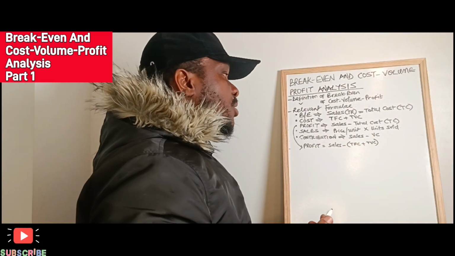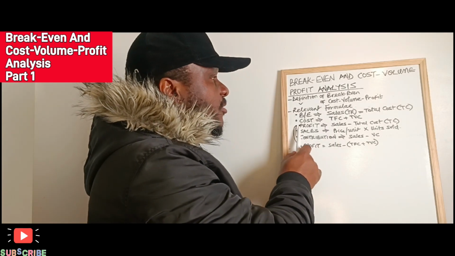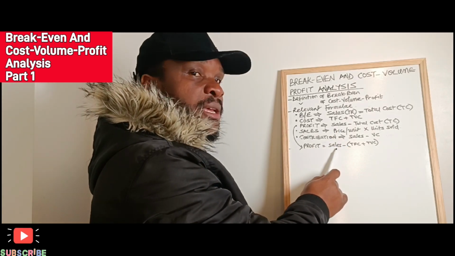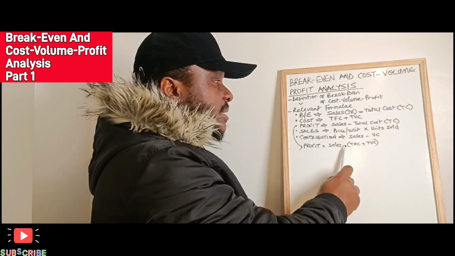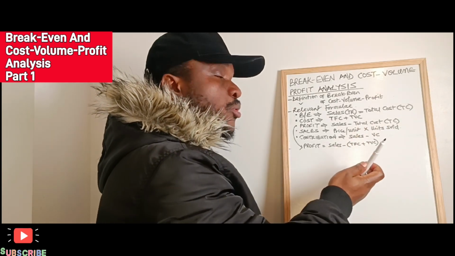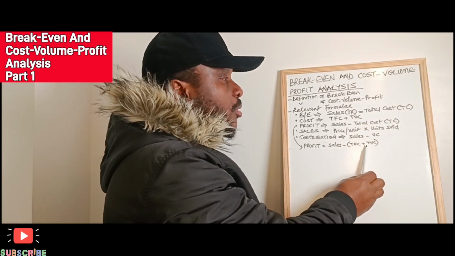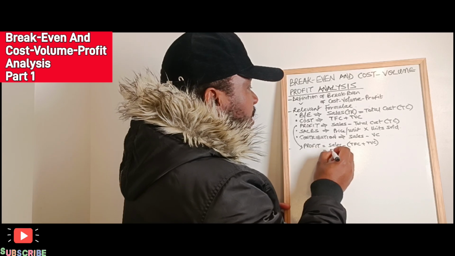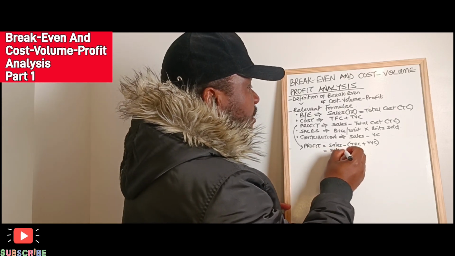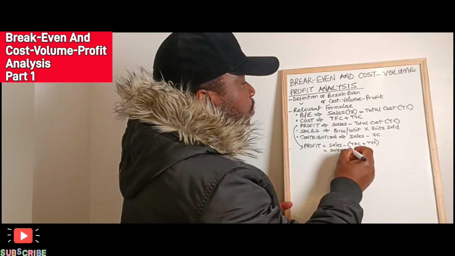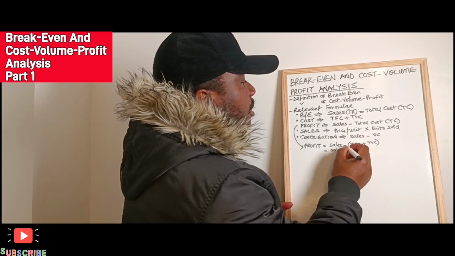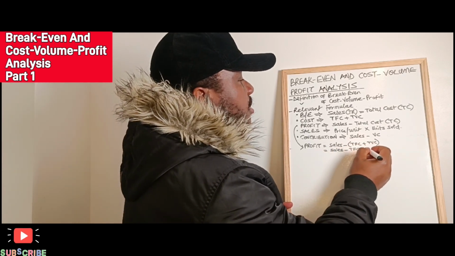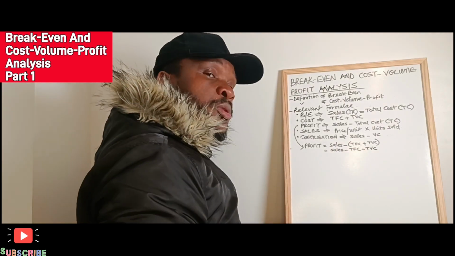Do you understand? The first formula for profit is sales less total cost. Sales is still there, the minus is still here, while total cost has been broken down into fixed cost plus variable cost. Let's solve further by expanding the bracket. We will have sales minus total fixed cost minus total variable cost, since minus times plus gives minus.